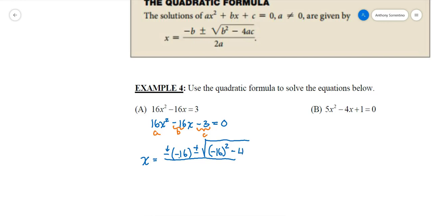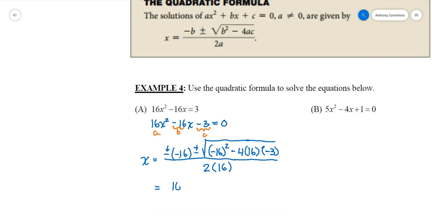Minus 4 times a was 16, times c, which is a negative 3. Again, sign errors are a big thing that students often make mistakes with on this. Over 2 times 16. So I would definitely say show your substitution so that you make sure you have this right.